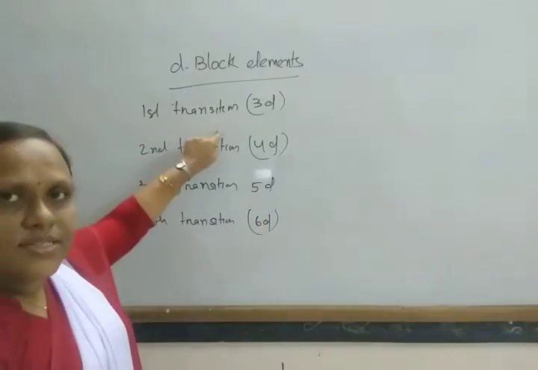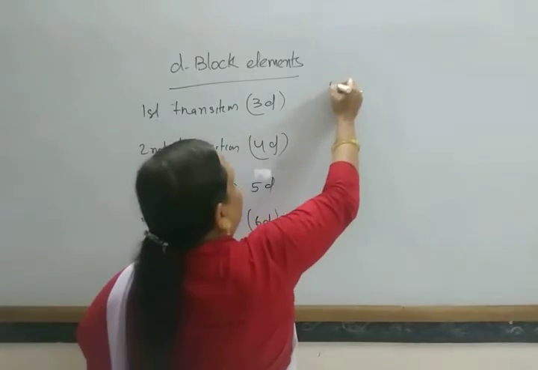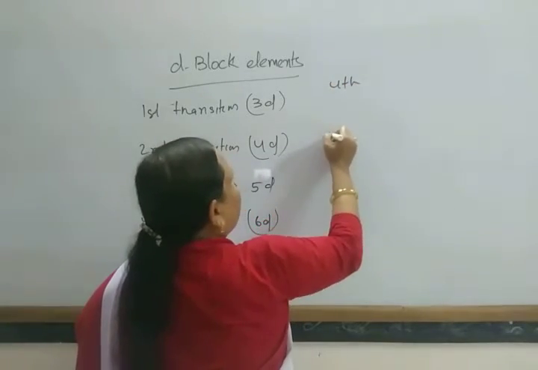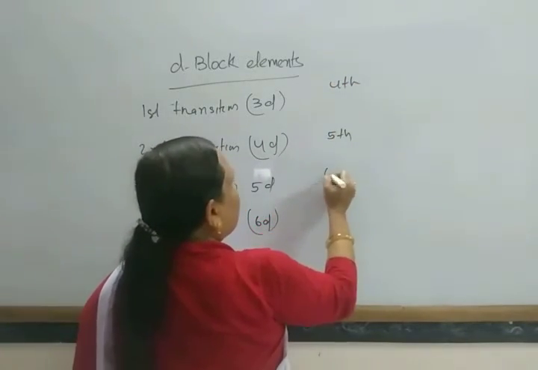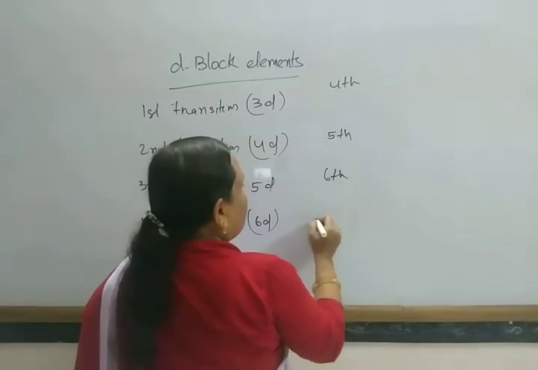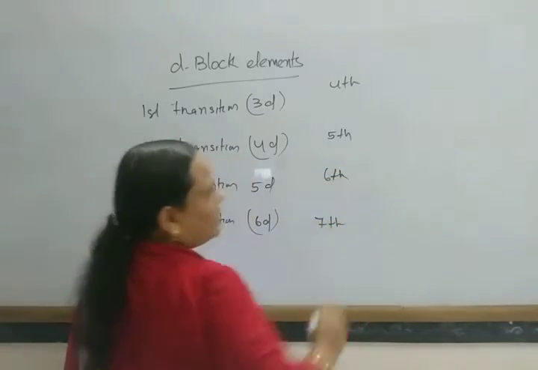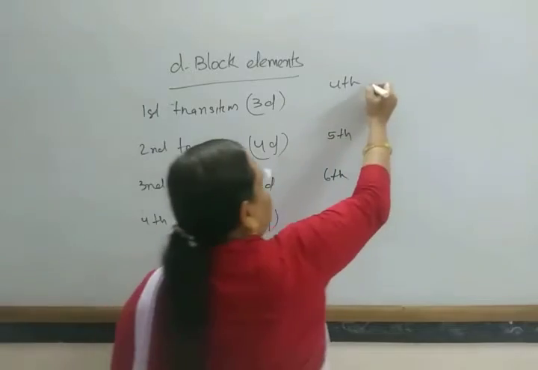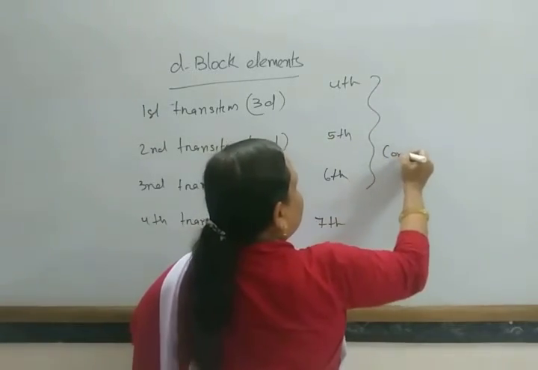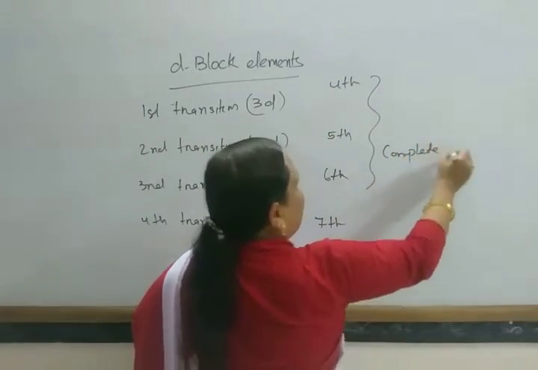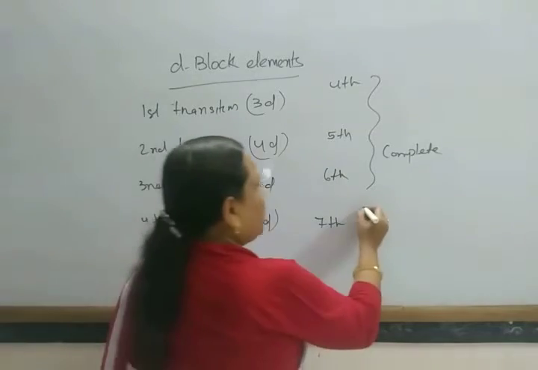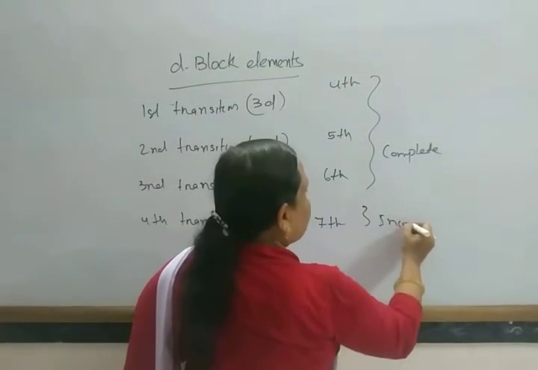Okay. So the first transition series is present in the 4th period, the second in the 5th period, the third in the 6th period, and the fourth in the 7th period. So these three are complete series, and this one is incomplete.